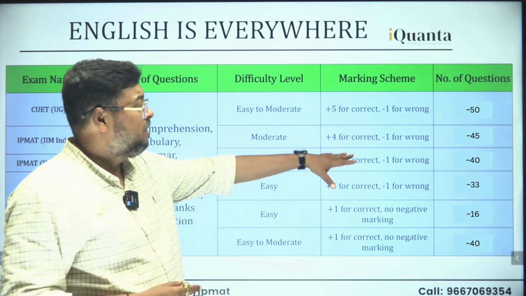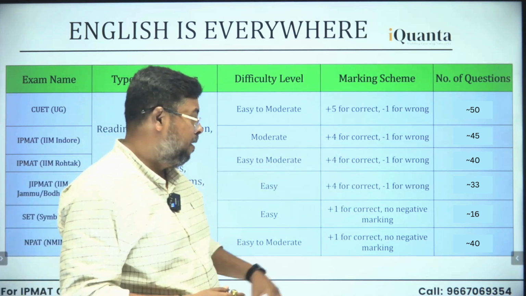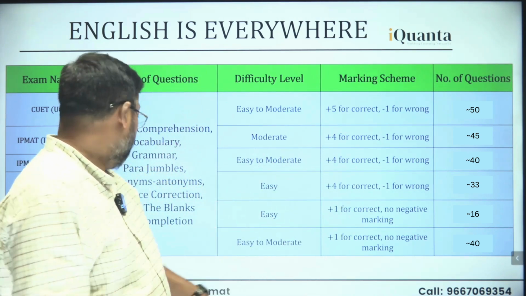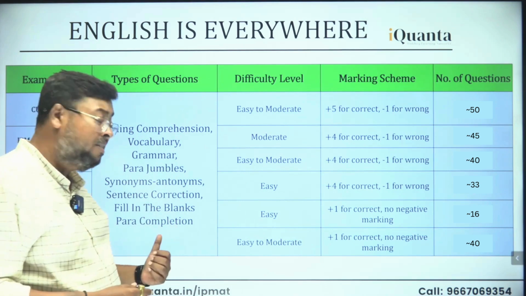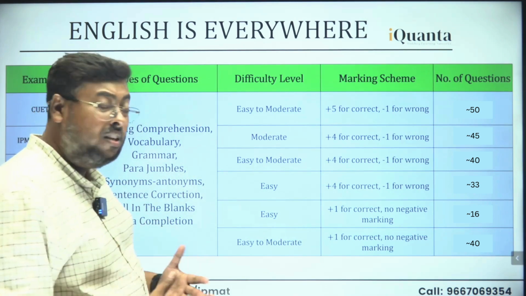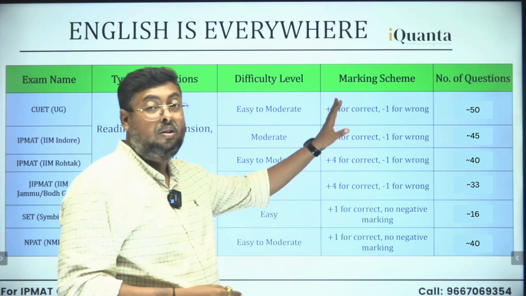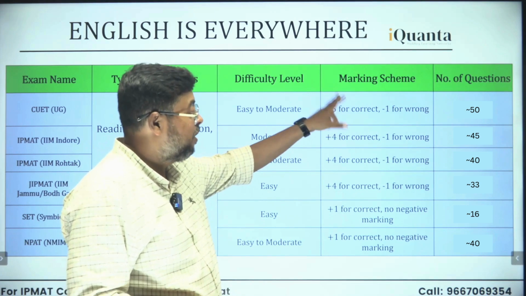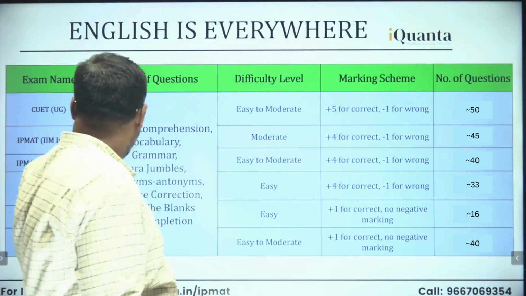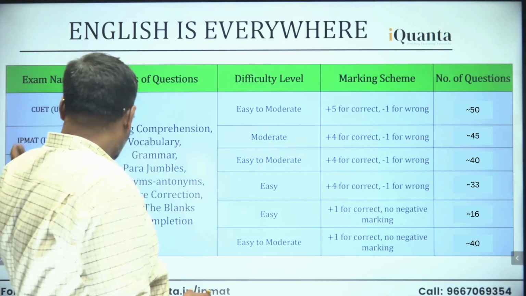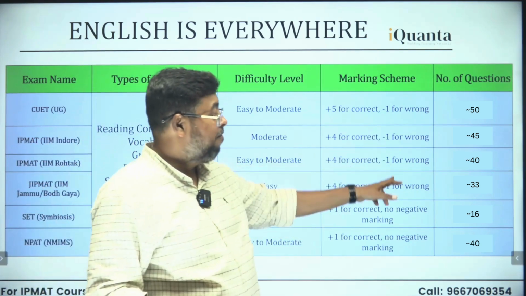Moreover, the marking schemes are different for different papers. For Symbiosis and NPAT, which is Narsee Monjee, we'll see that there is no negative marking. But on the rest, for CUET it is -1, and for all the IPMATs and JIPMAT we would have -1.